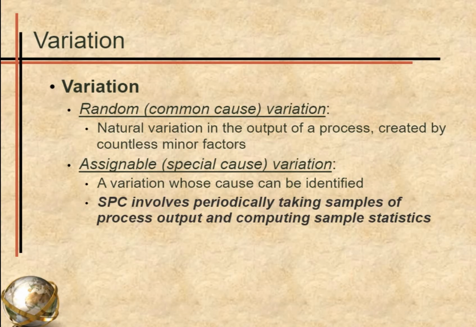The second is the assignable one. We have assignable factors, and then we work on the factors. What we want to achieve is to work on those assignable variations and make sure the products or service conform to specification.